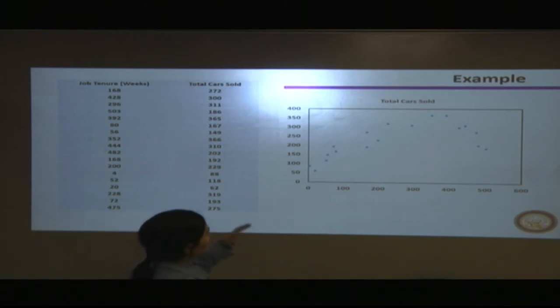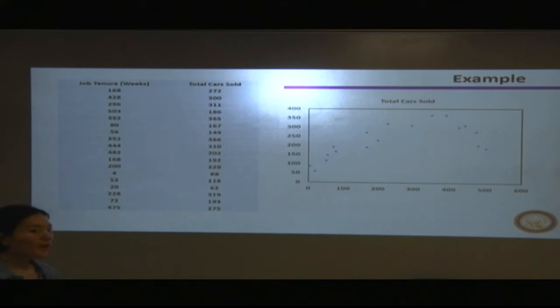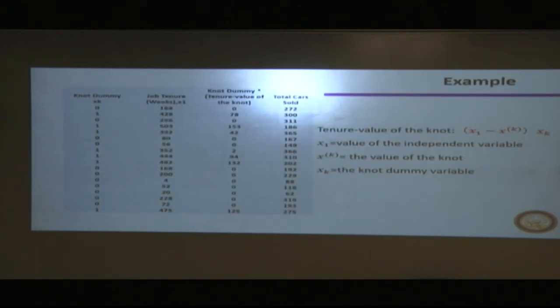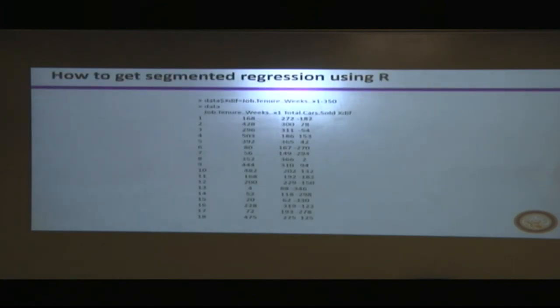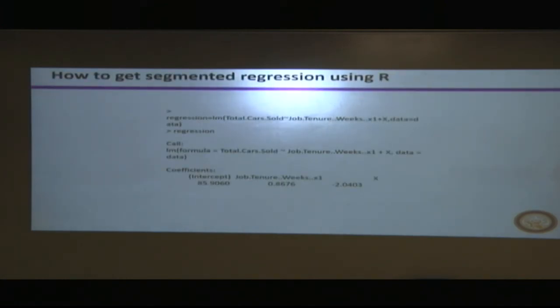We can also try a quadratic model and compare the R square and the ANOVA table with the segmented model to see which one fits better. Yeah, I think that's all. Thank you.